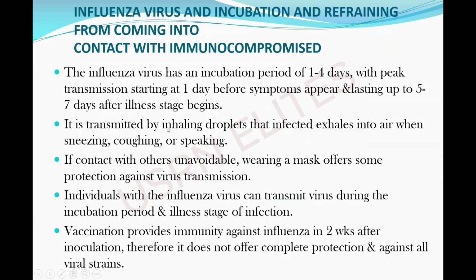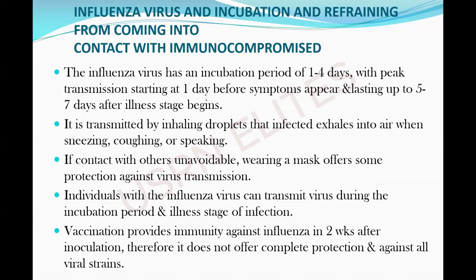Let's look at this, I think we have already talked about it, but let's see if there is something left out. Influenza virus, incubation, and refraining from coming into contact with the immunocompromised. Remember when we started this topic, I told you we'll look at hotspot areas among some of these infectious diseases, not to treat them fully, but when we get to them, we will talk about everything we have to talk about.